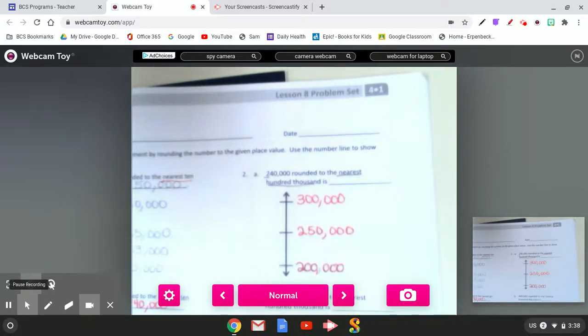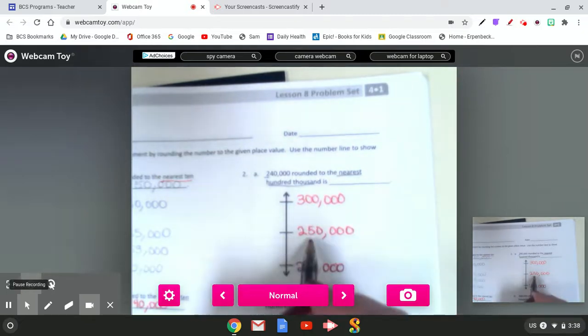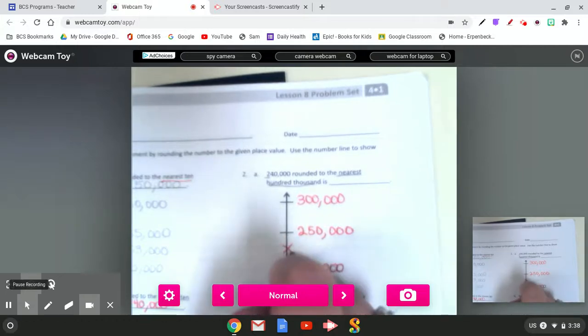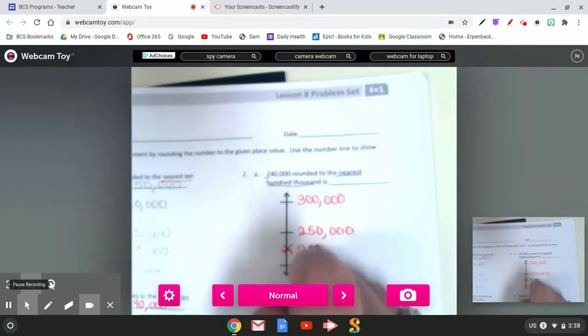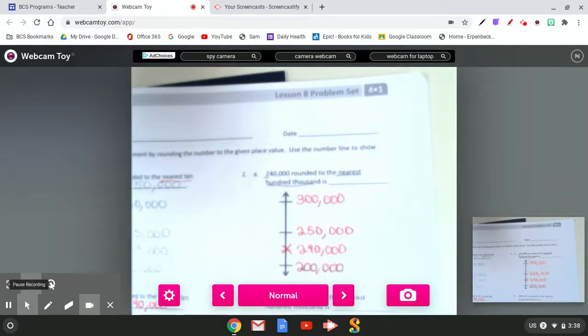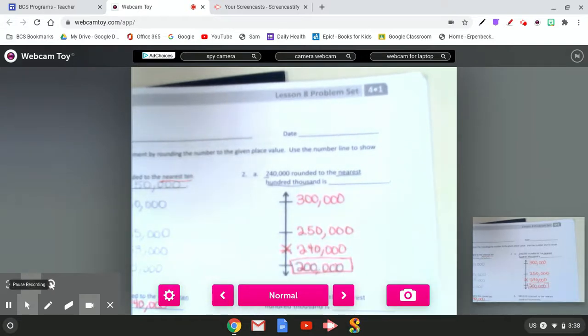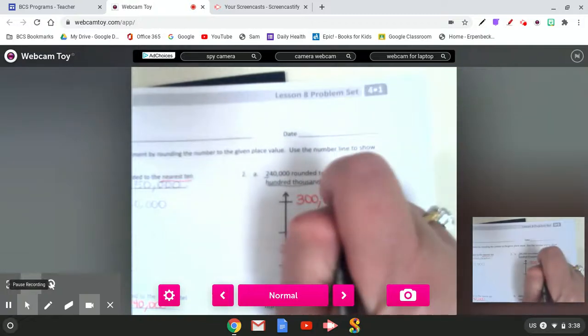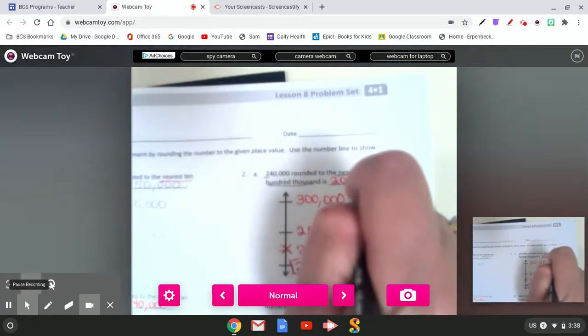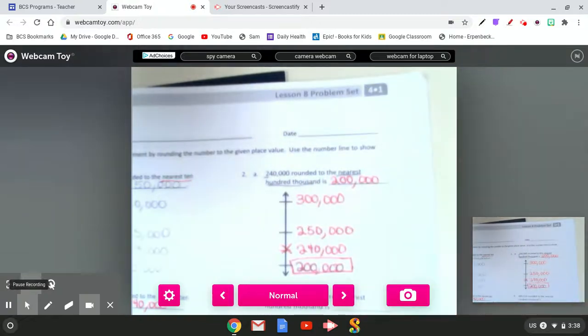So 240,000 falls below the midpoint. I'm going to place it here, and I can see that it is closer to that 200,000 mark. Therefore, 240,000 to the nearest 100,000 is 200,000.